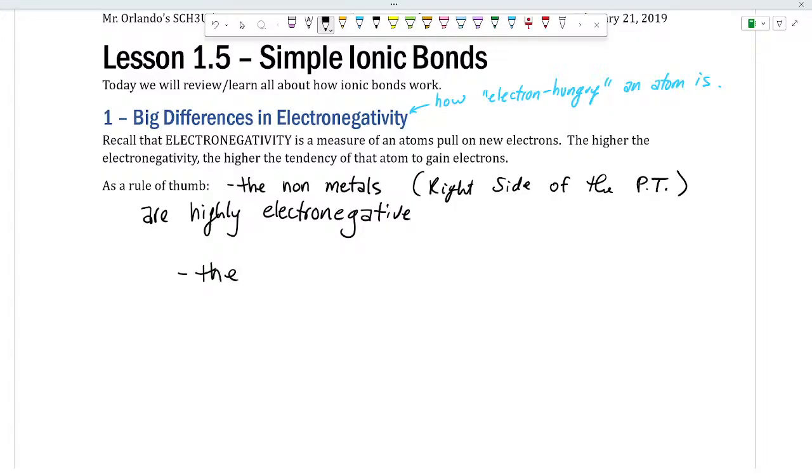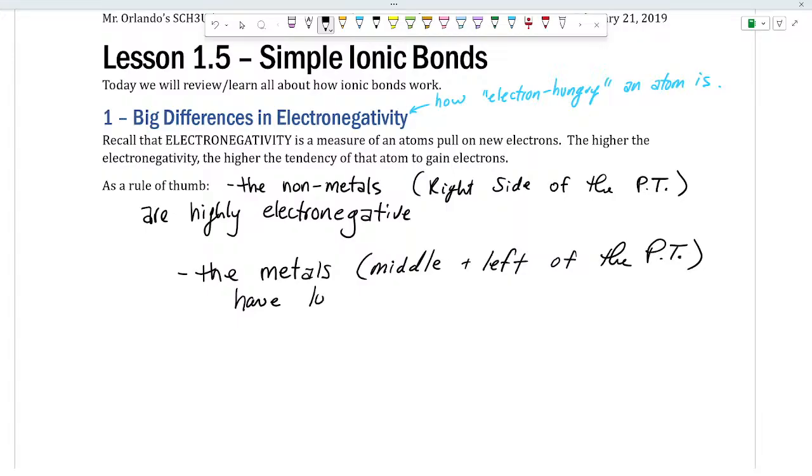The metals, which is the middle and left of the periodic table, have low electronegativity.